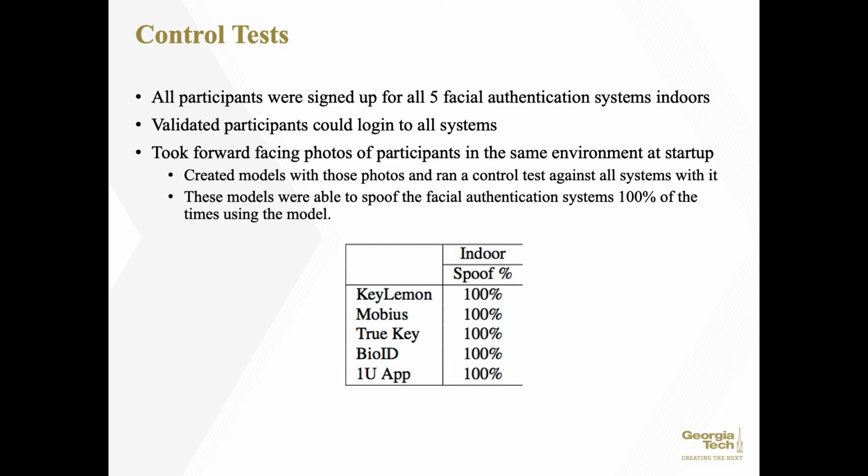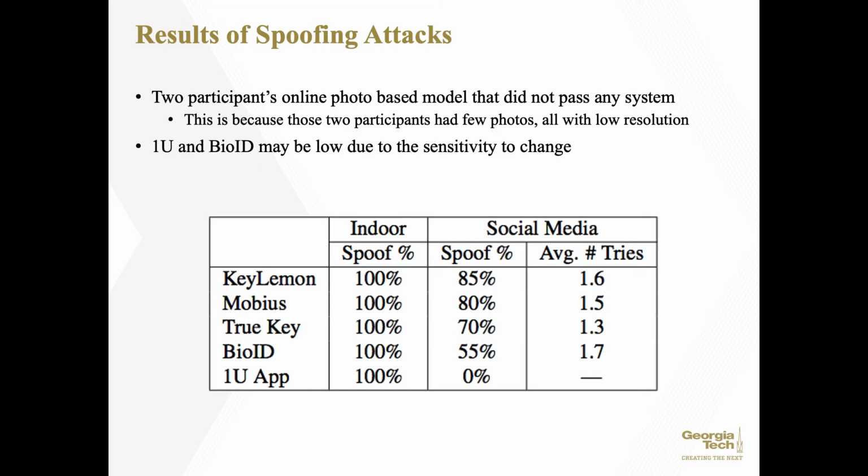So once we had our control tests, we could move on to using our social media images to actually create authentic VR models and attempt to spoof the systems again. In this case, Key Lemon had 85% success, Mobius had 80, TrueKey 70, BioID 55, and 1U was not successful.